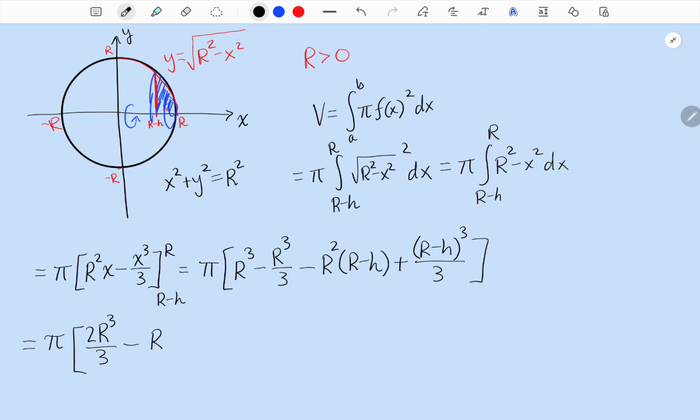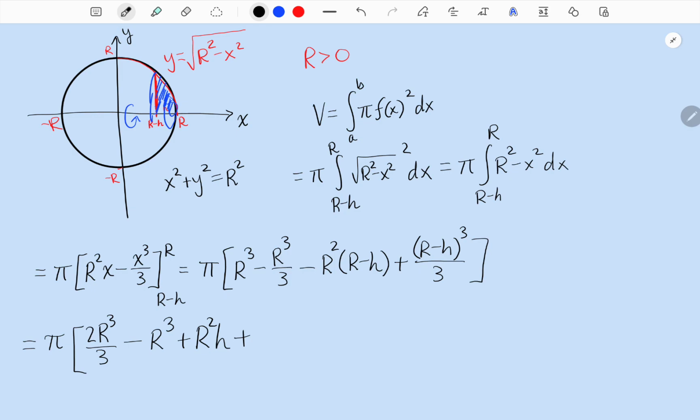So I get r cubed plus rh, and then plus, oh, there should be minus. Oh, no, there should be plus. Double negatives. Negative, negative, yeah. So plus r squared h, right over here.